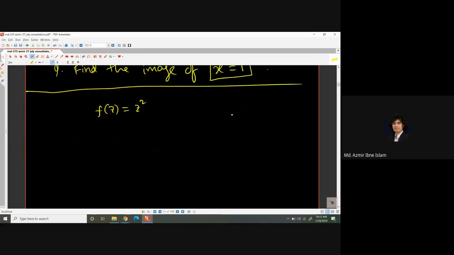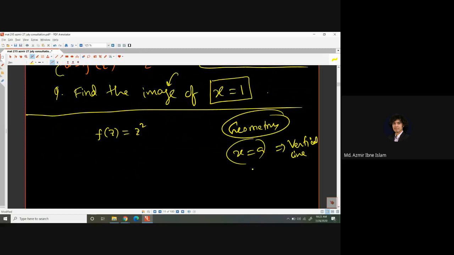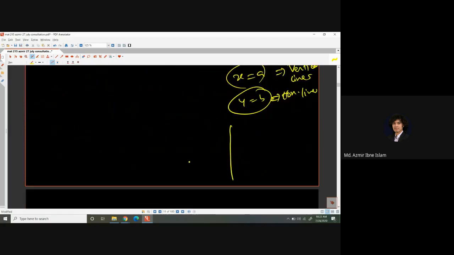Okay, first of all, since we have x equal to 1, from the concept of geometry, you know that x equal to a is a vertical line, y equal to b will be a horizontal line. So obviously, x equal to 1, let's say this is 1. So x equal to 1 will be a vertical line.